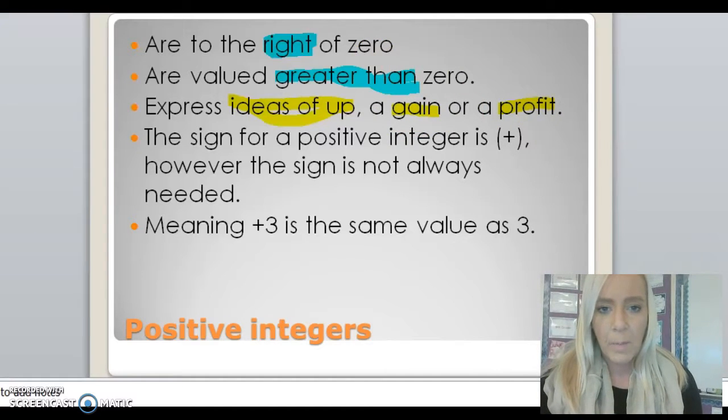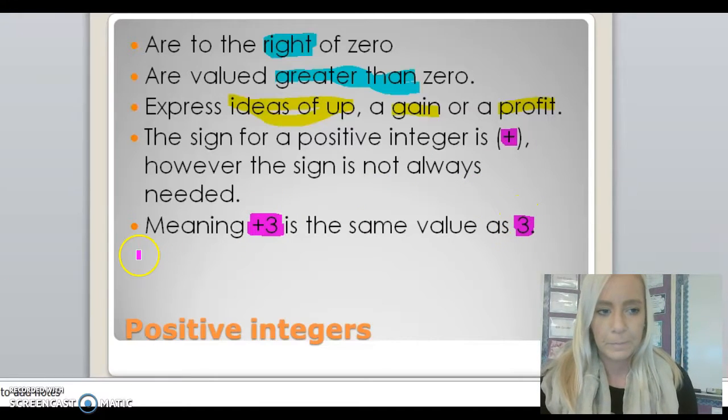The sign for a positive integer is a plus sign. However, the sign is not always needed. So if we write positive 3 with a plus sign and just 3, they both have the same value of 3. Sometimes we put the plus sign to symbolize positive, but if it's not there, we can also assume that it's positive.